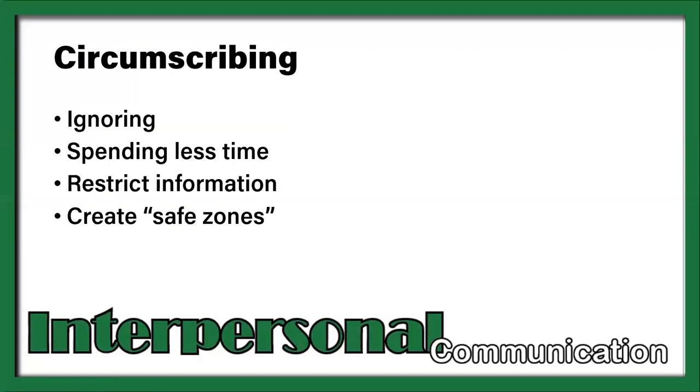So that differentiating leads to this idea of circumscribing. If we've gotten to the point where we've noticed all these differences between us and them, then you might start doing things like ignoring that person or spending less time with them. Maybe you're more careful about the information you're exchanging, because a lot of times when you've entered a relationship, you've given more detailed information about who you are and shared more intimate information.